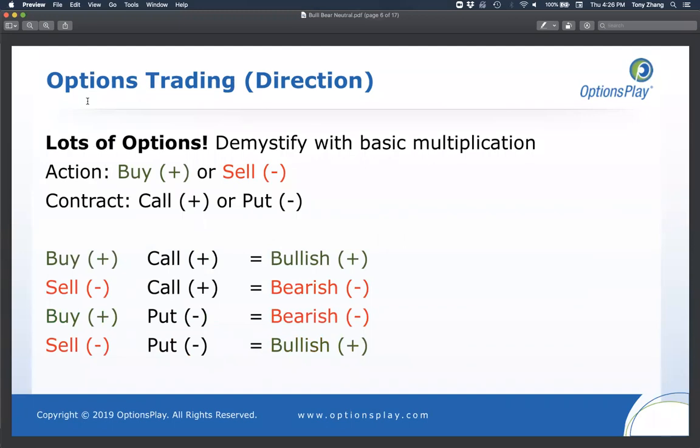So with respect to options, because we've added a little bit of complexity, you can buy or sell a call or a put. Sometimes it gets confusing as far as what's bullish, what's bearish, what is my actual outlook for all of these different strategies. So one of the easy ways that I've learned to make sense of all of this is to simply assign signs to each one of the actions.